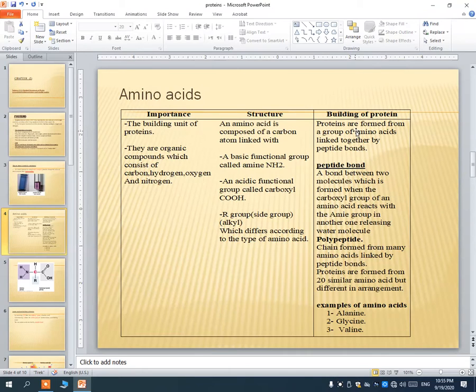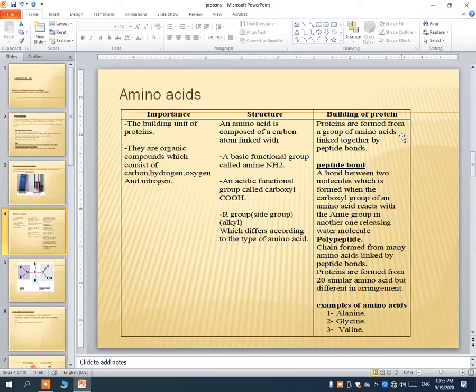The building of protein. Protein, as we said, consists of amino acids. Amino acids are connected by a bond called a peptide bond, forming protein. The peptide bond can form a dipeptide if we have only two amino acids.